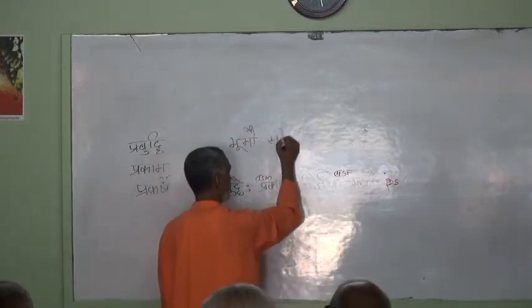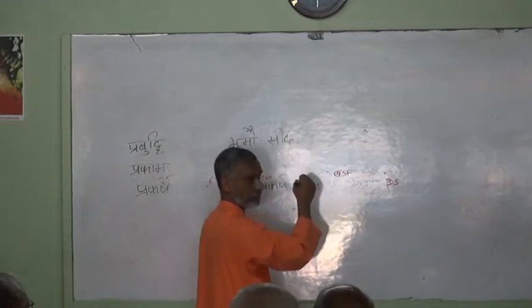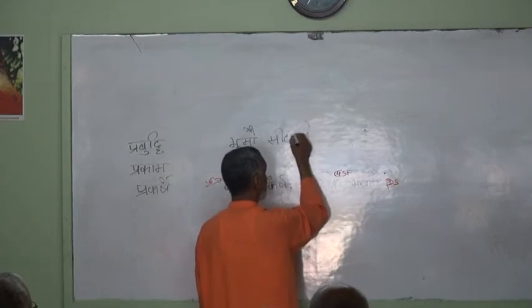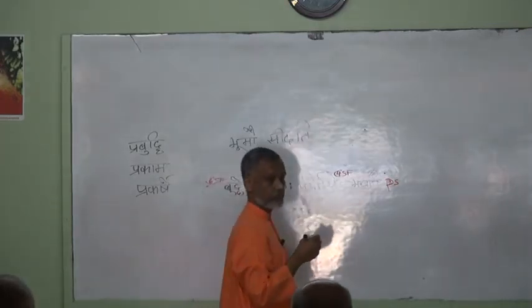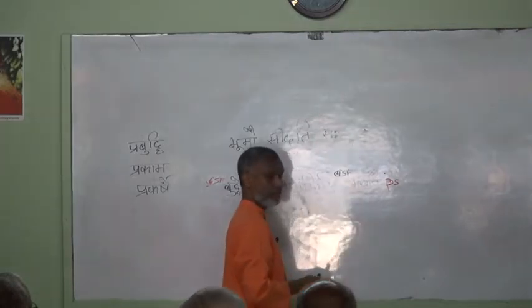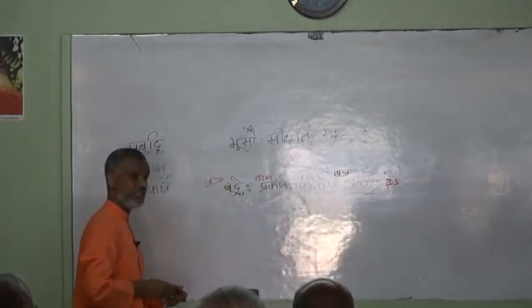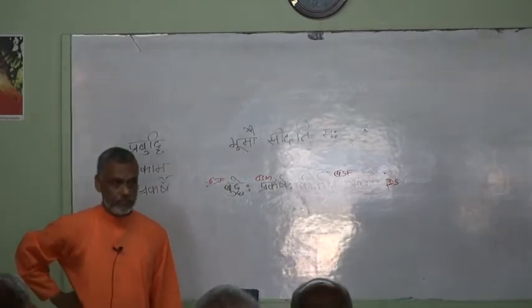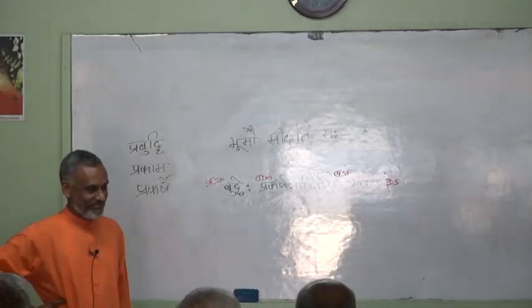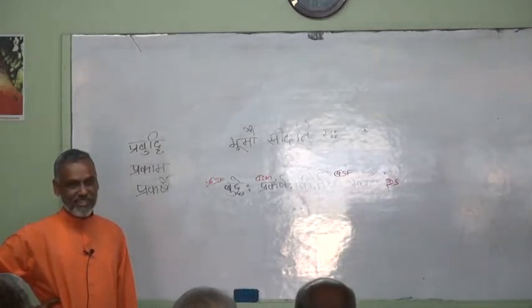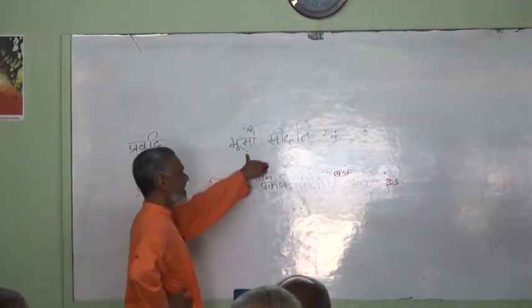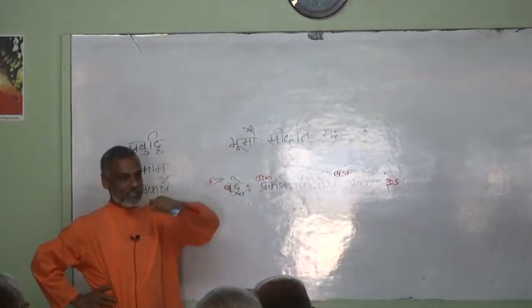Sidati. Saha bhumau sidati. That is easy. That is the easiest one. That means he sits on the ground. This is what case? Seventh case.